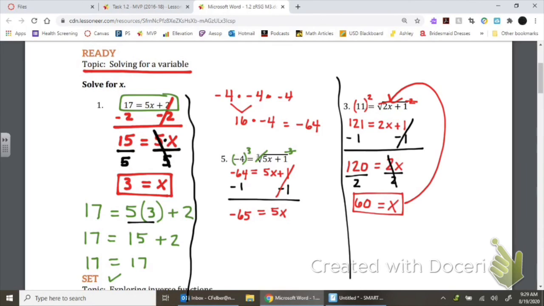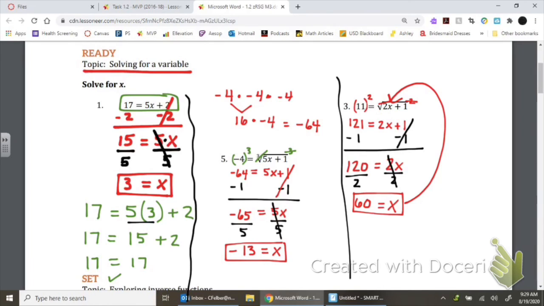And then lastly, to get x by itself, I want to divide each side by 5. The 5s would end up canceling out, and that would leave me with x on the right-hand side. On the left-hand side, I'm going to have to do negative 65 divided by 5. So a negative divided by a positive is a negative, and 65 divided by 5, if you just use your calculator, you would get 13.